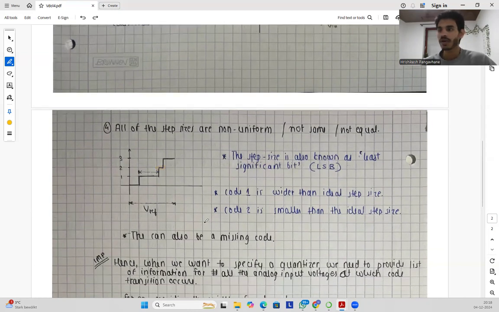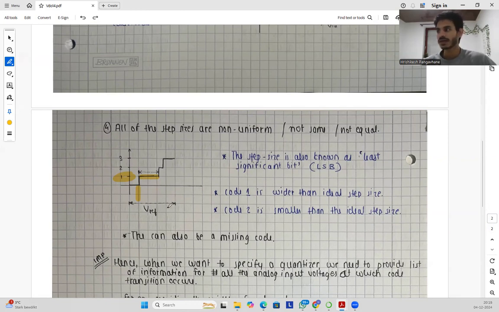The important thing is that when we want to specify a quantizer, we need to provide a list of information for all the analog input voltages at which the code transition occurs. When we are quantizing amplitude, the code is transitioning from 1 to 2. Let's say this is the level for 1. From this voltage to this voltage, it lies in 1, and after this voltage it transitions from 1 to 2.